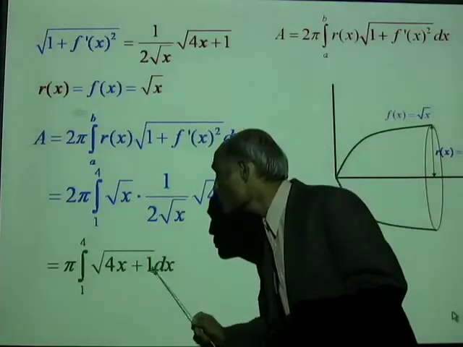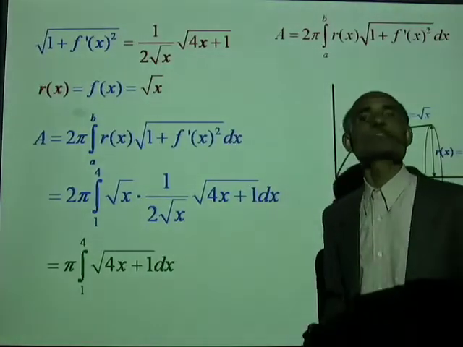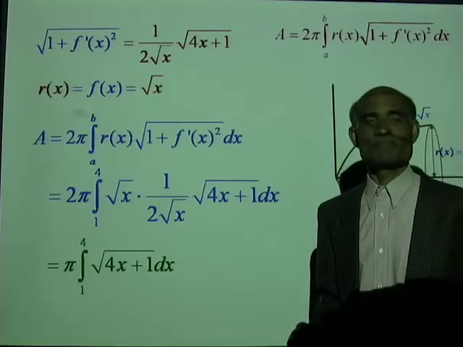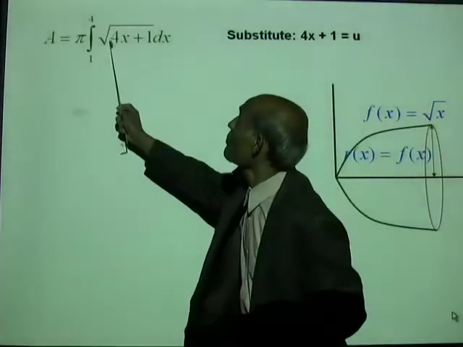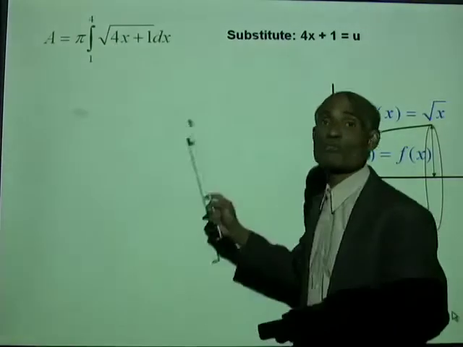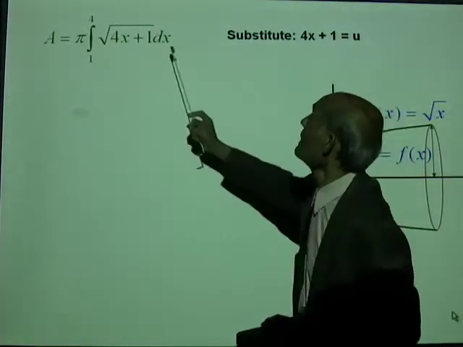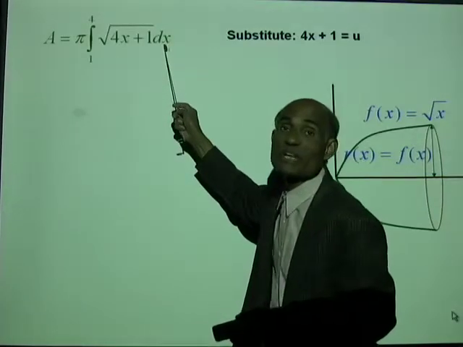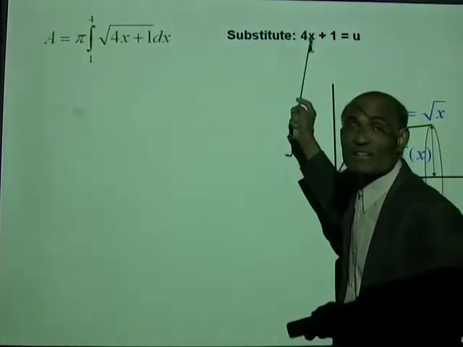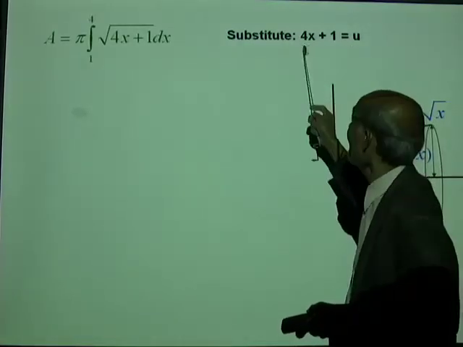Now, can you do this integration on your own? What's the method? Well, the method is to substitute the quantity 4x plus 1 equals u, and when this becomes u, you need to replace your dx. What's the method? Take the differential of both sides.